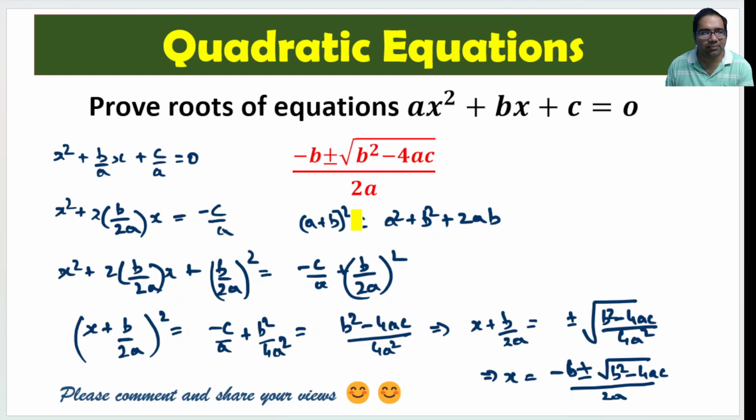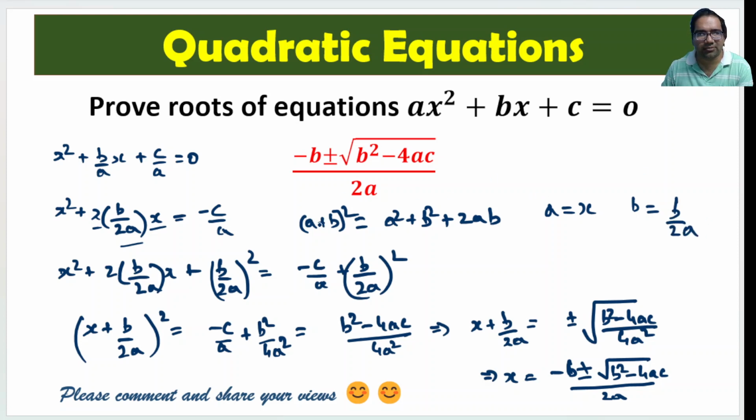Why are we doing this? Because we want to get this into a perfect square like this: (a + b)² = a² + b² + 2ab. In this case, what are we trying to do? We are trying to make a as x, and b we want to figure out. What is b? It has become 2 into a into b, so b is b/2a.